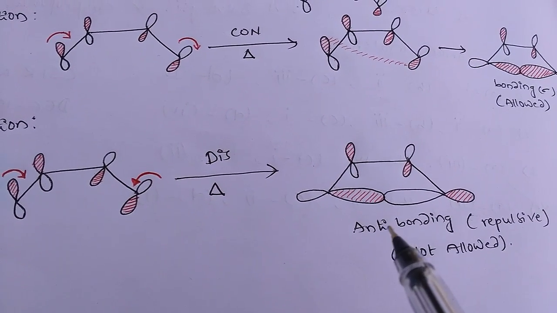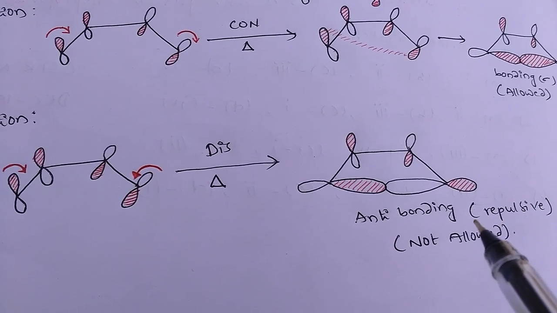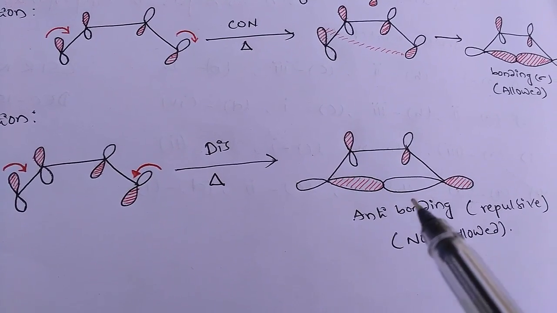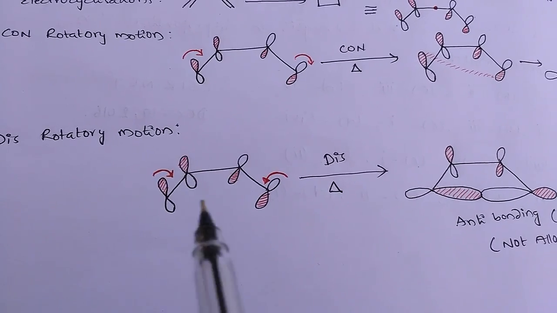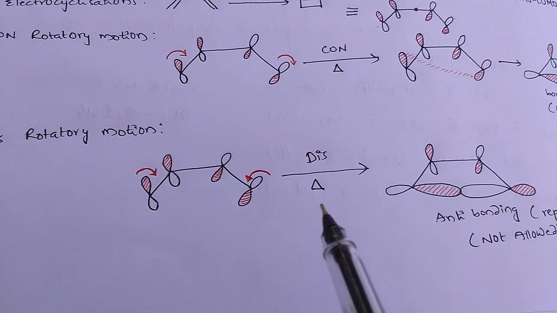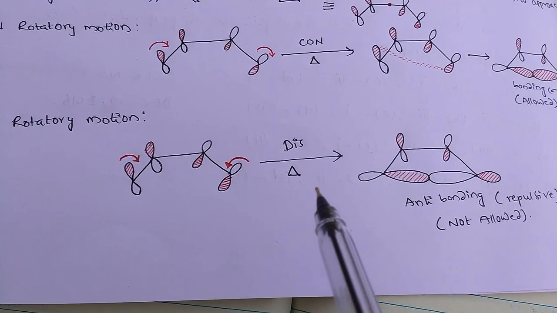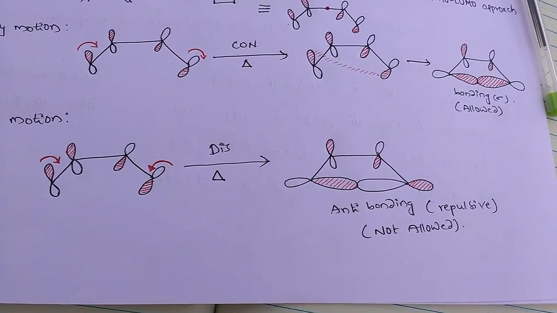That means this is anti-bonding. Anti-bonding is repulsive, so there is no chance of formation of bonding. That's why this is not allowed. So a 4n system under disrotation is thermally forbidden, or thermally not allowed. Okay.